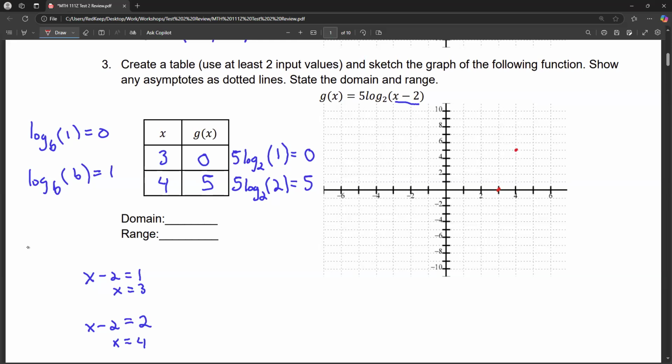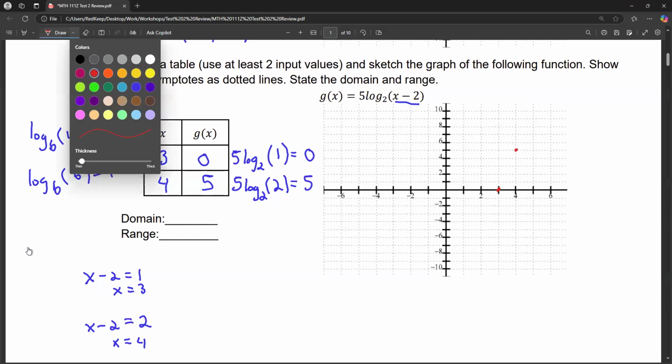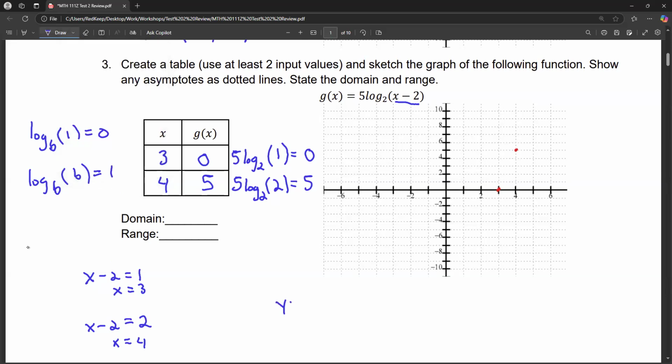Okay, and so we might remember some things about logarithms. If I was looking at what the parent function looks like, or what in general we can plug into a logarithm, say if I just had y equals log of x as a simplified scenario, we should know that the argument inside our logarithm always has to be greater than 0.